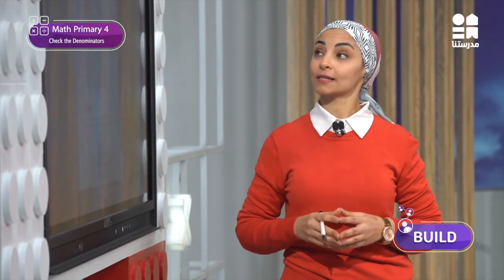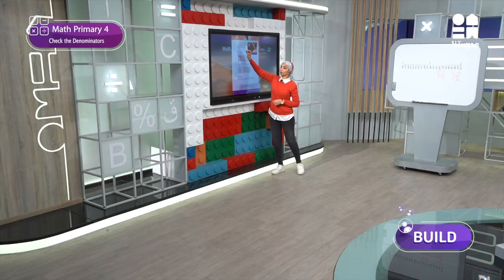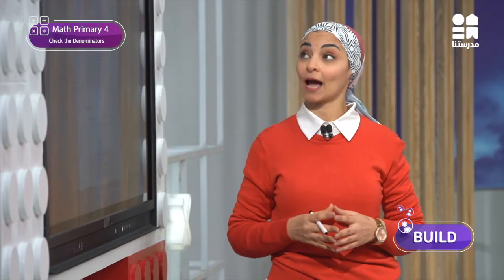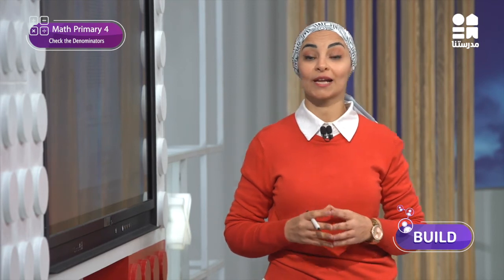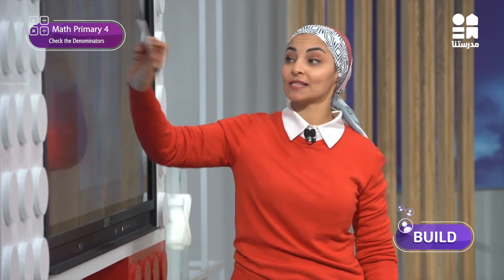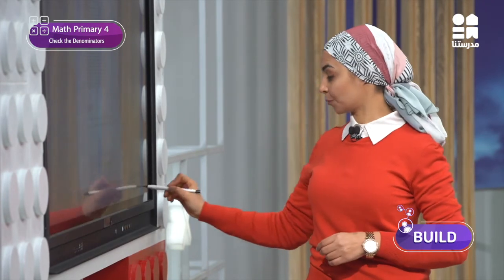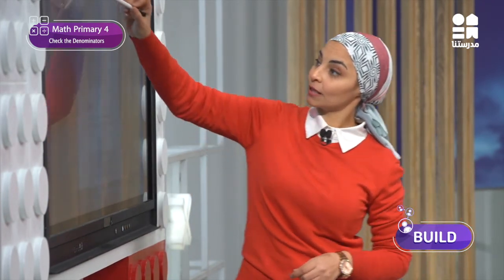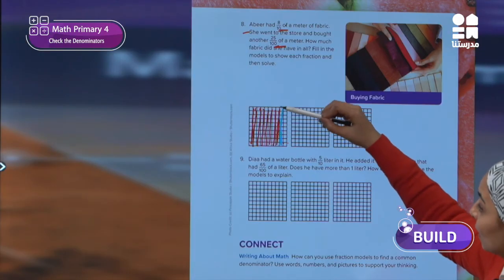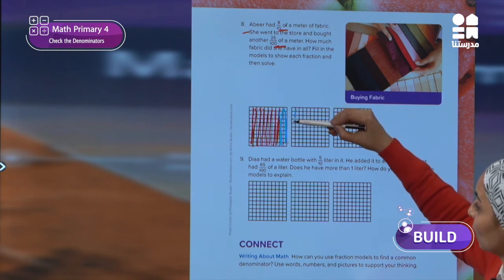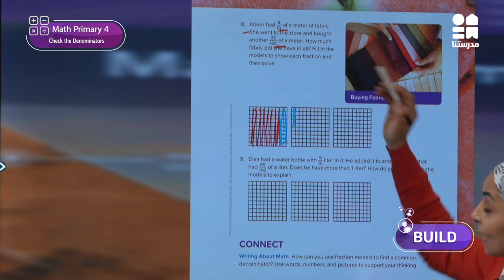Let's now represent 25 over 100. What should I do? Can I do it in the same model? In fact, it is not enough to represent 25 over 100 in the same model. Why? Because all I have is 20 only, right? So what will I do? I will shade these 20 parts but with another color. So I shade 20 parts like this and there will still be 5 left, so I will shade 5 from the second model.